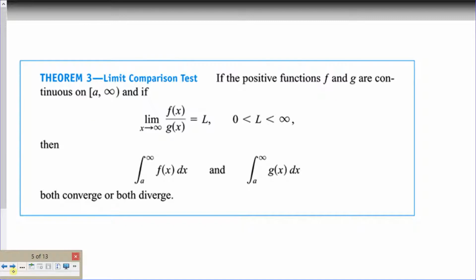Now we're going to look at a test that's really my favorite because it's called the limit comparison test.